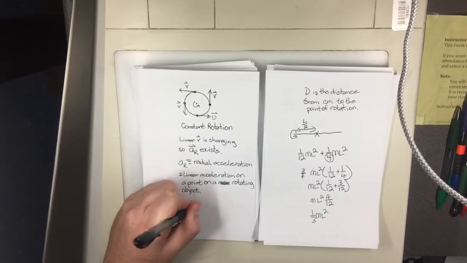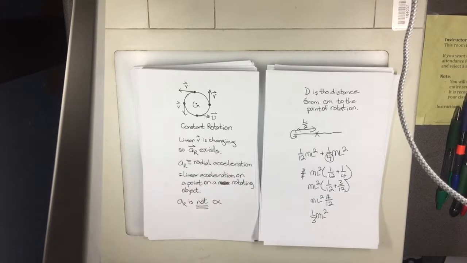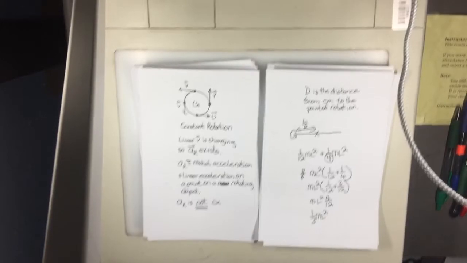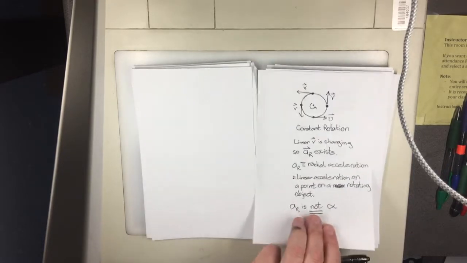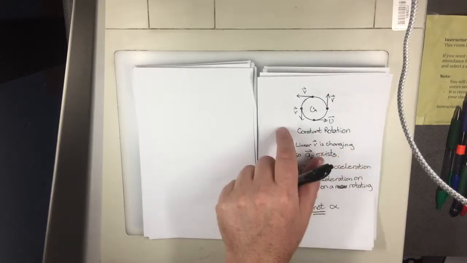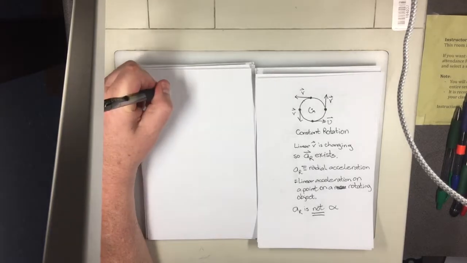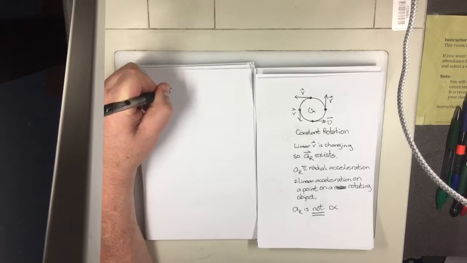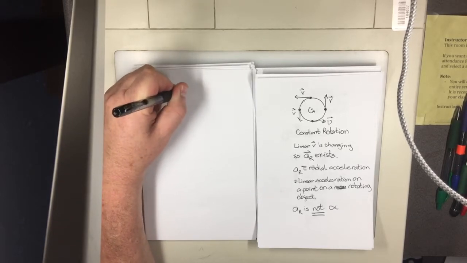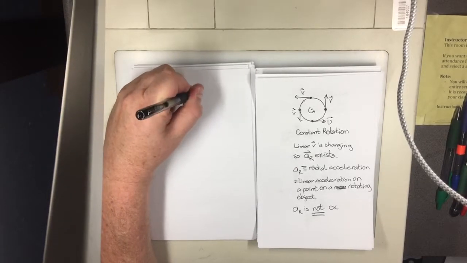AR is not alpha. This object we're currently having rotate at a constant rate. So d omega dt, its rotation rate change, is equal to 0.